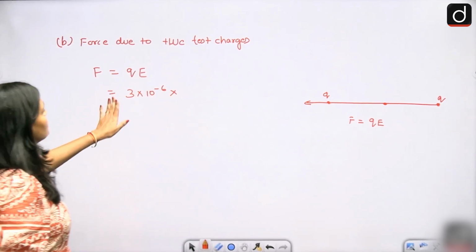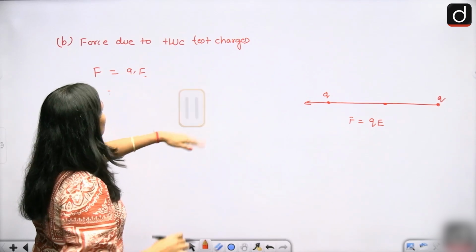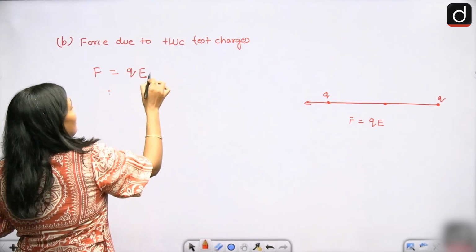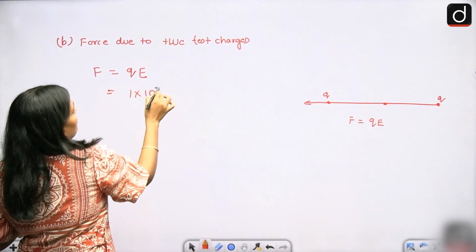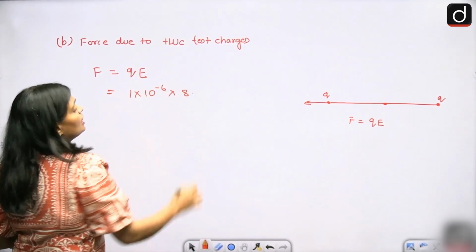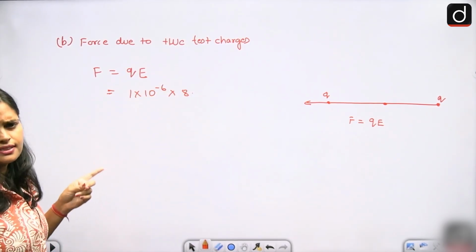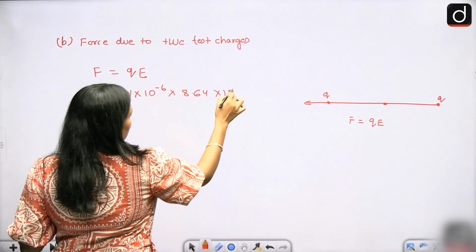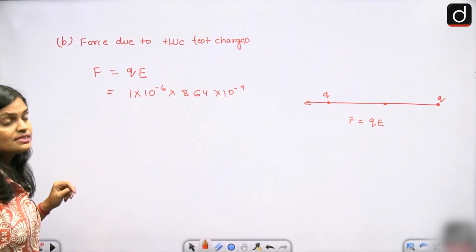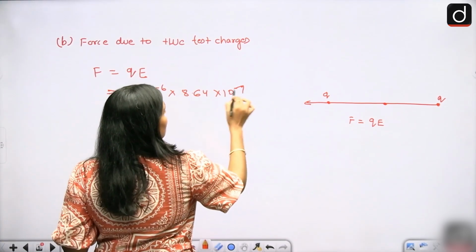See here charge, since you are taking 1 mu c. Why? Because you have to calculate for 1 mu c charge, no? You are not taking 3. 10 to the power minus 6 into 8.64 will be the electric field into 10 to the power 7, right?